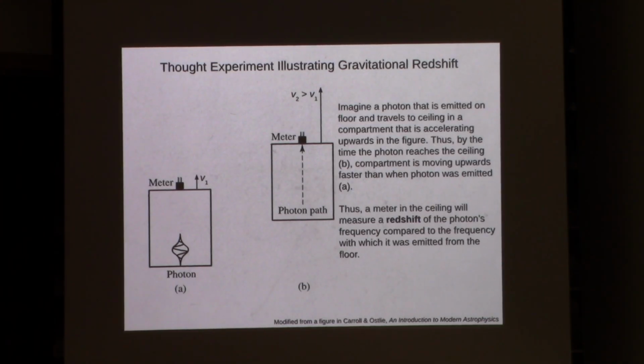So what happened to the wavelength? It expanded. The wavelength will be larger and the frequency will be smaller in the ceiling compared to the wavelength and frequency that were emitted at the floor. So both effects will happen because a redshift is an increase in the wavelength and a decrease in the frequency. Imagine that there are two wave crests, and you look from your point of view, okay, and I'm in the rocket ship.